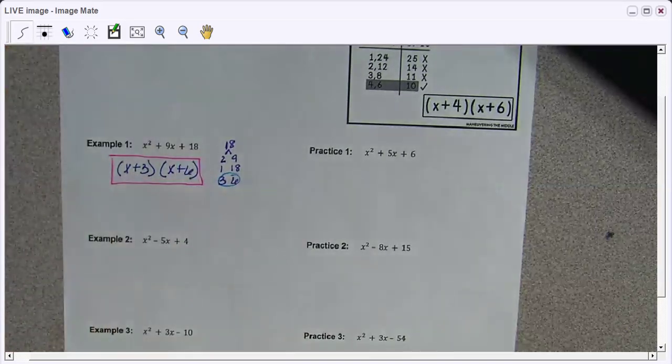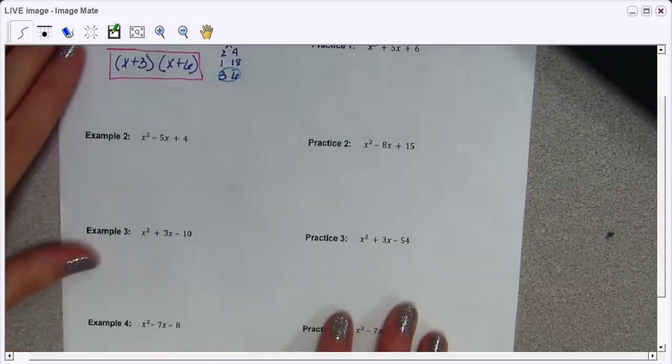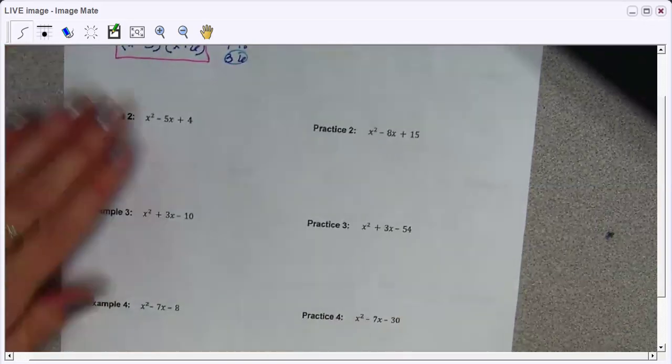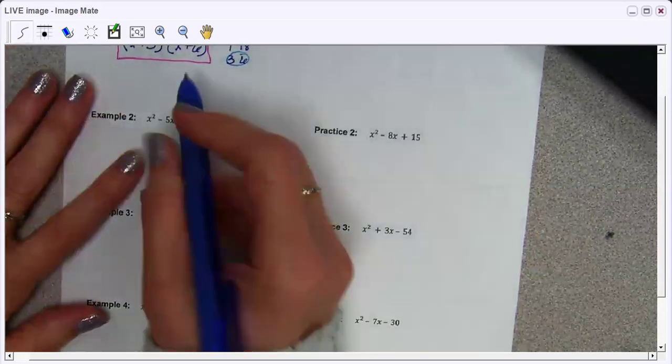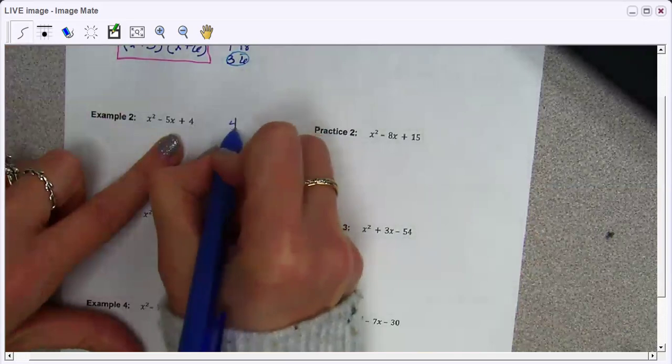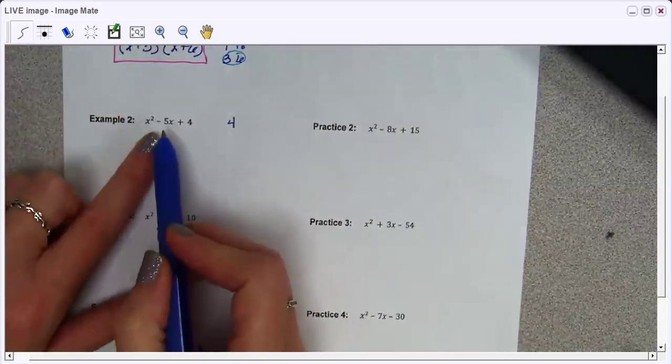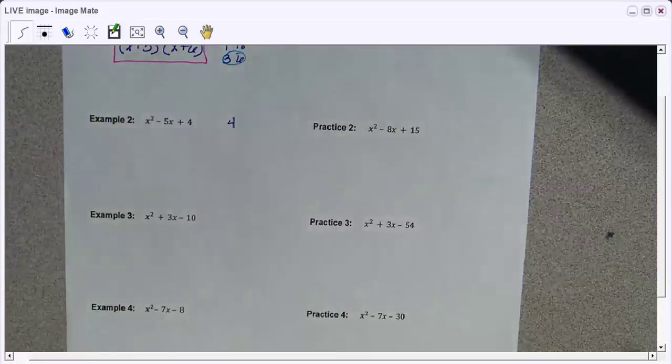Okay. So I'm going to do all of the examples on the left, and then you can do all of the practice on the right on your own. So let's go ahead and take 4. Now notice on this one that our B term is negative. So this is going to be a little bit different. We are going to have 2 negative numbers.